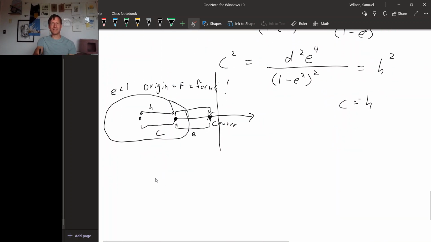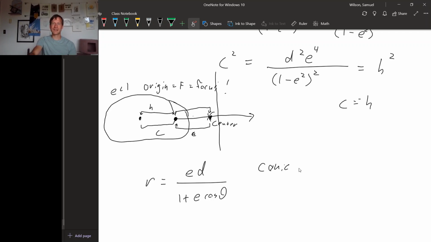So all of these equations that we started with, r equals ed over 1 plus e cosine theta, these are all conic sections. So when I said they're related to conic sections, well, they aren't just related to conic sections, they are conic sections.